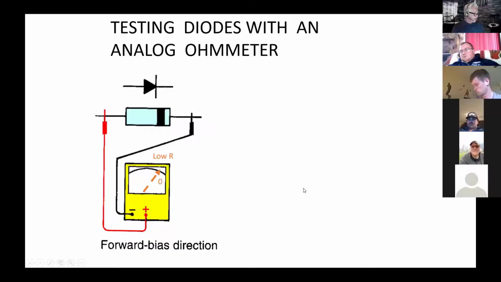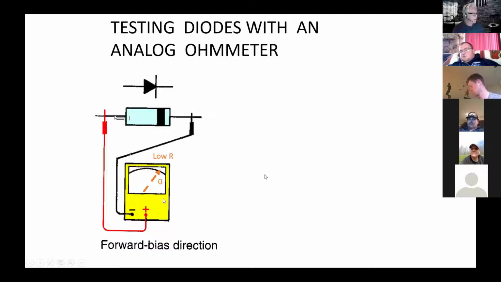If you want to check to see if a diode's good, if you suspect one's bad, remember current flows from anode to cathode. If you have it connected forward biased, the current will leave the meter, because there's a battery in here, go to the anode, and flow through the cathode. And this will read pretty much as a short circuit, near 0 ohms.